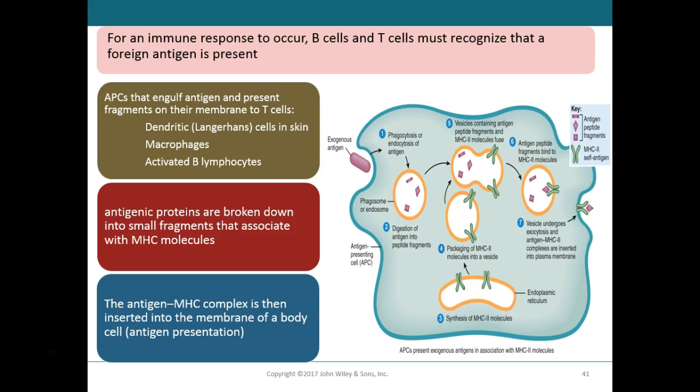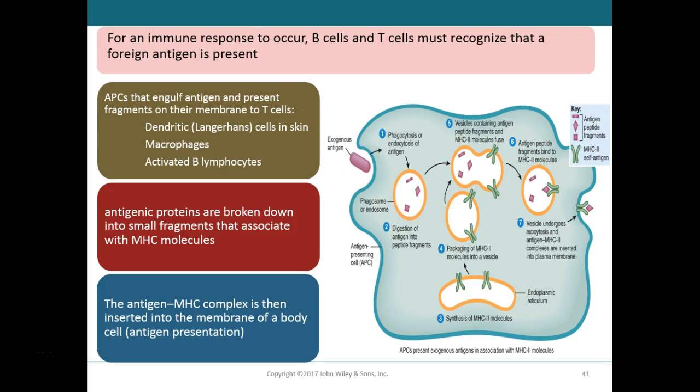In antigen processing, the antigenic proteins are broken down into small peptides, and then they're associated with major histocompatibility molecules. So think of it as you take the foreign antigens and hook them up with our own antigens so that the body can tell what's what.